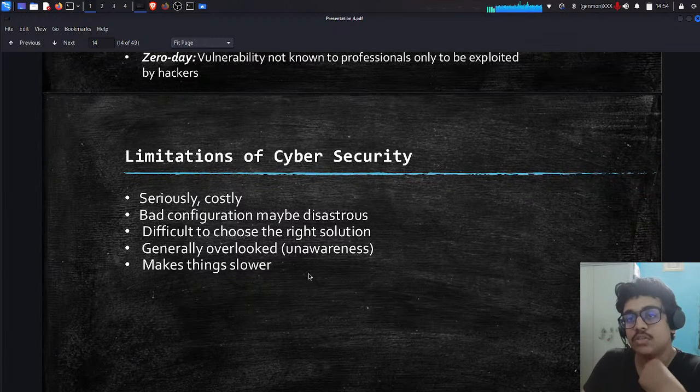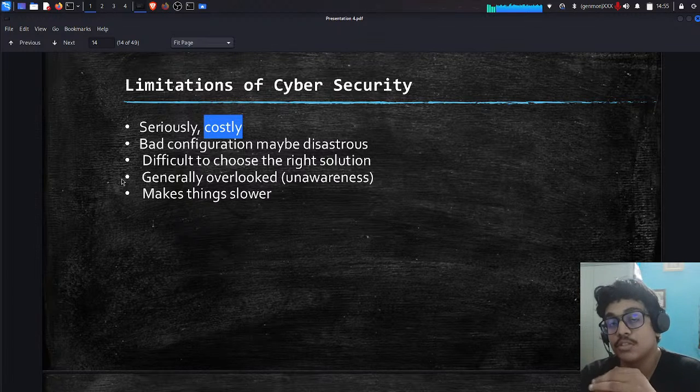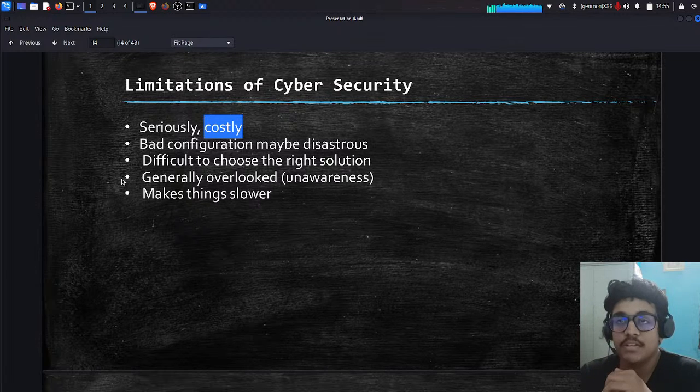So let's move to limitations of cybersecurity. If there are so many advantages of cybersecurity, there exist some limitations. The first limitation is that it is costly. For example, certifications are themselves very expensive, and if you want to practice cybersecurity, the subscriptions of Hack The Box and TryHackMe are too expensive.